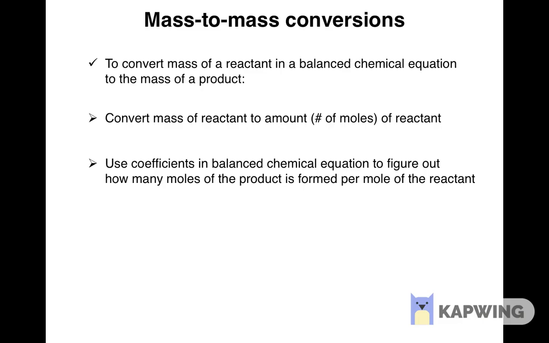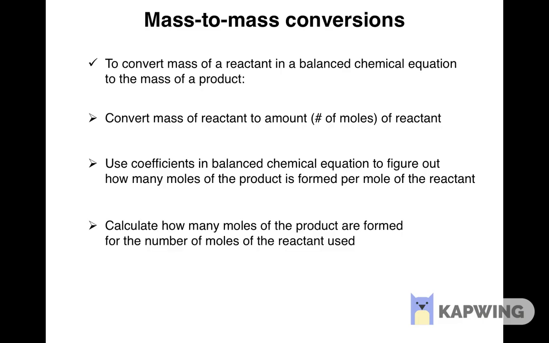Then use the molar ratio coefficients in the balanced chemical equation for the reaction to figure out how many moles of the product is formed per mole of the reactant. Then calculate how many moles of the product are formed for the number of moles of the reactant that is used. And finally, convert the amount, the number of moles of the product, to the mass of the product.